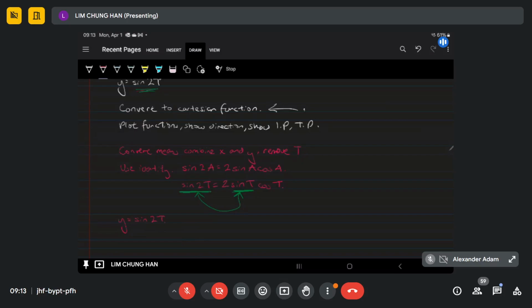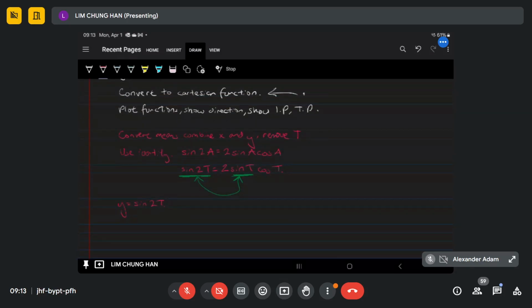In the identity, I also know that sine 2t is equal to this. So I can substitute this into sine 2t. So my y is equal to 2 sine t cos t.